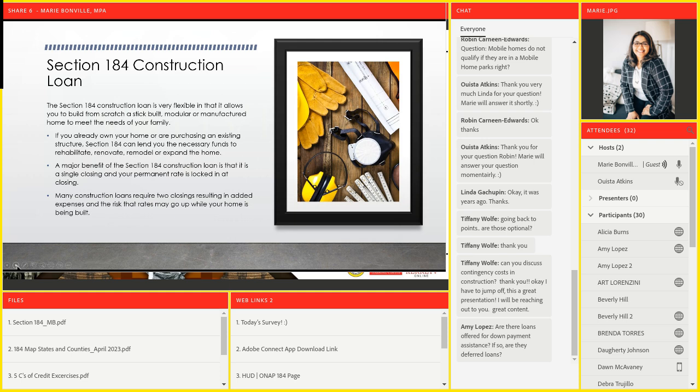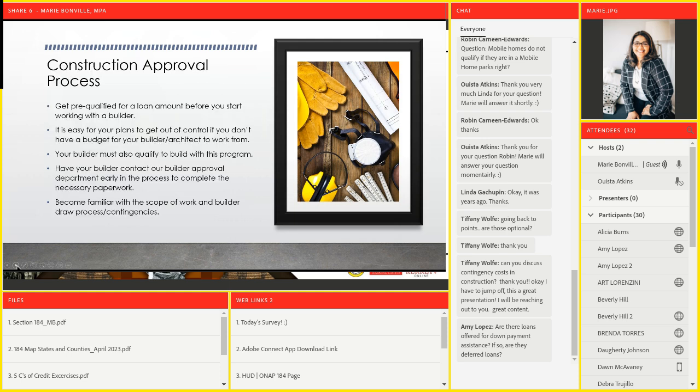But with construction, going back to contingency, first you have to make sure that the contractor is qualified through HUD. So you want to be pre-qualified for the amount needed. You'll have to get the scope of work and the estimates from the builder, et cetera. Then that builder also needs to be approved by HUD to do the work. So that's a process. The builder has to go through the approval process. Let's say they finish the foundation.